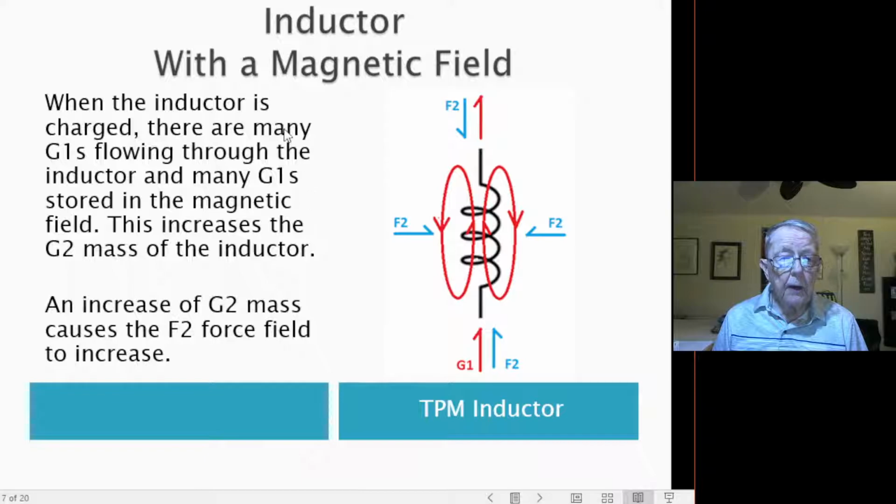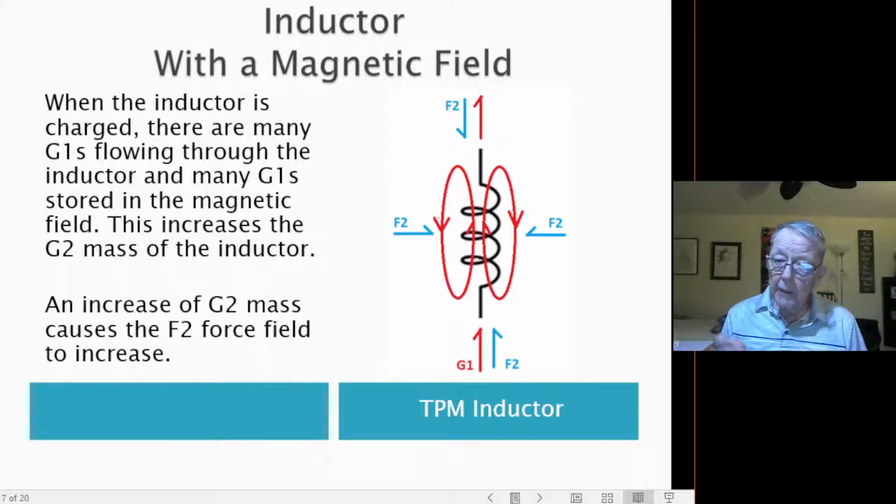Well, now we go to an inductor with a magnetic field. When the inductor is charged, and I use that statement, it's a different kind of charging than a capacitor charge. This charge is the flow of G1s around and through the inductor, just like around and through a magnet. So when the inductor is charged, there are many G1s flowing through the inductor and many G1s stored in the magnetic field. This increases the G2 mass of the inductor.